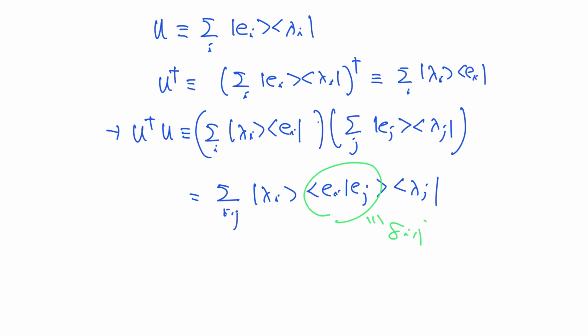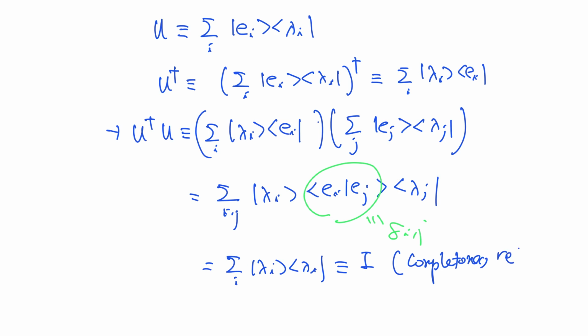So you just have a summation over i of psi i psi i dagger, which is the identity, by the completeness relationship. Therefore, U adjoint is U inverse.